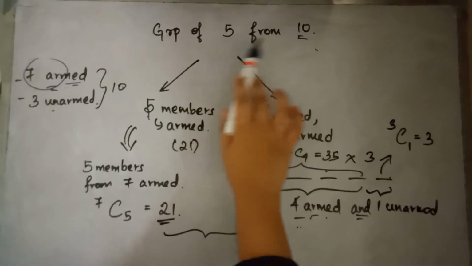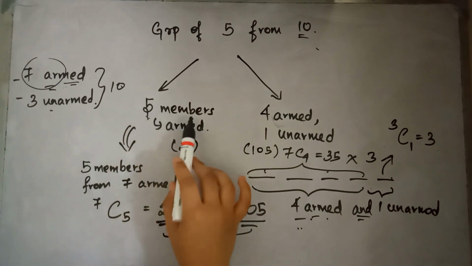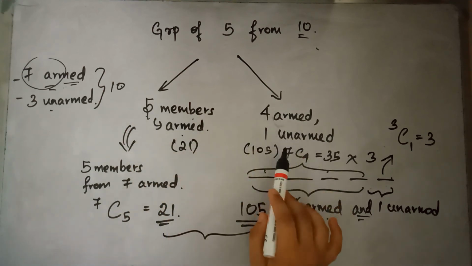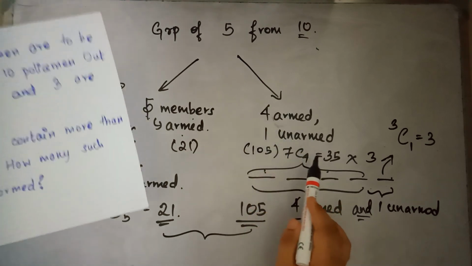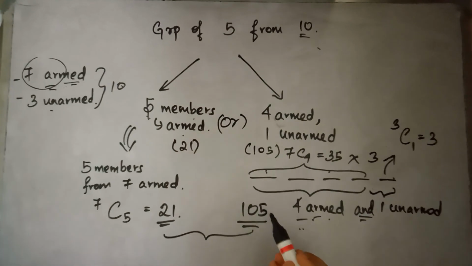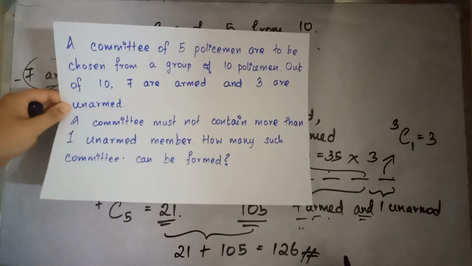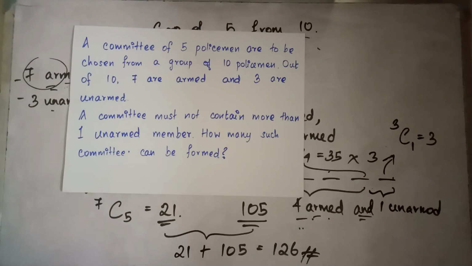The committees of 5 from 10 can be chosen either as 5 armed members or 4 armed members and 1 unarmed member. It's either or. Or will always be addition. So I'll have 21 plus 105 and this will give me 126. So there are 126 different possibilities of committees that can be formed from 10 policemen.